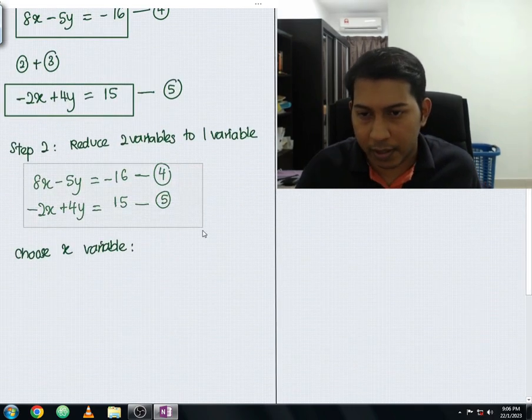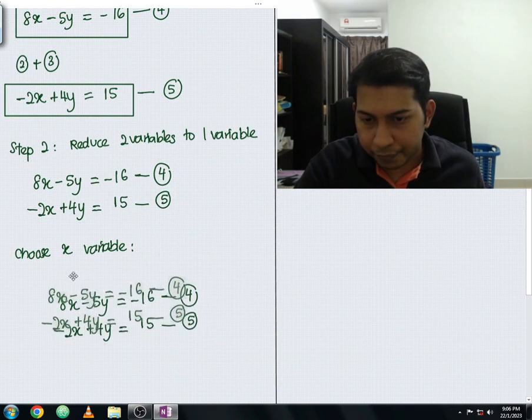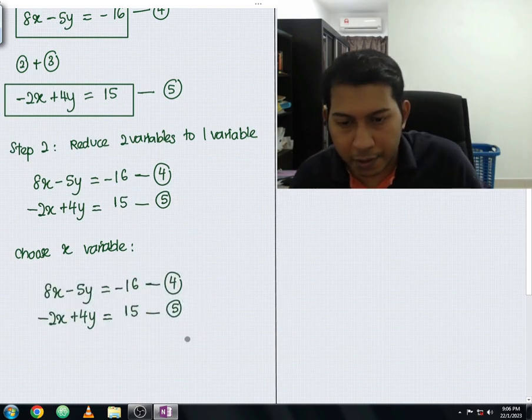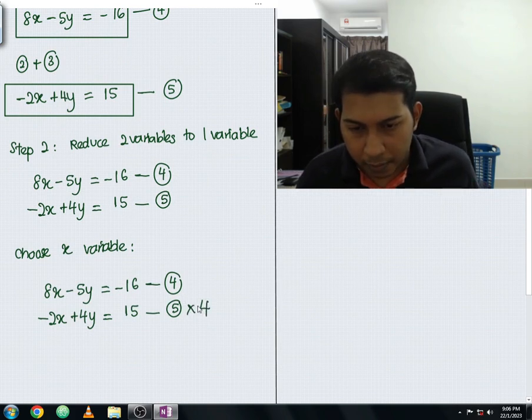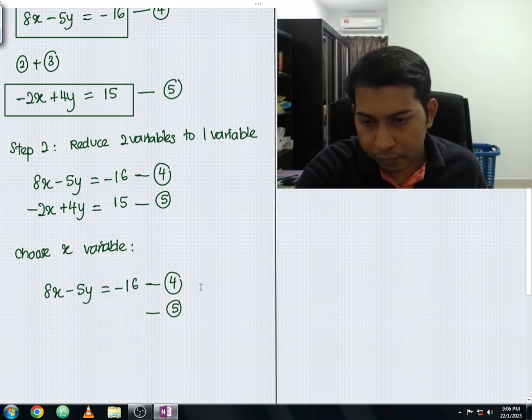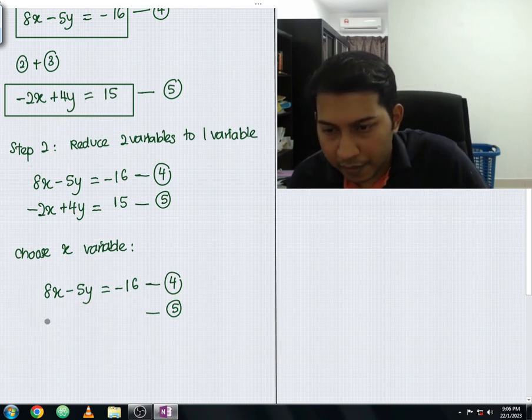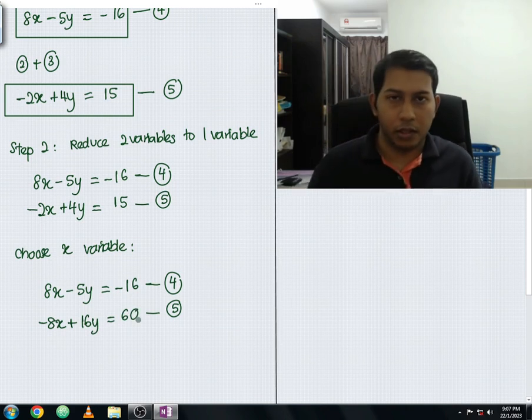So let me just copy this, paste it over here. Equation 5, we're going to times the whole equation by 4. So from here you're going to get -8x plus 16y equals 60.